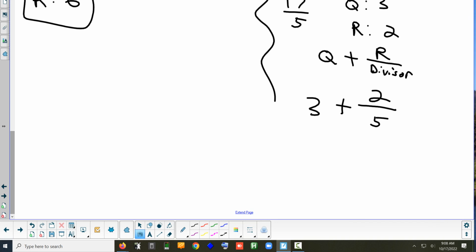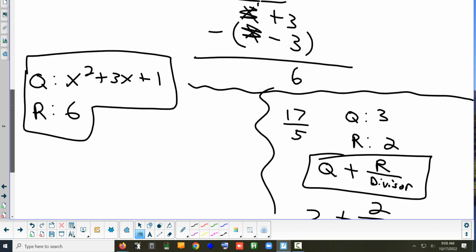So when you divide 17 by 5, the answer is 3 plus 2/5. And in math, we normally would write that as a mixed number and say 3 and 2/5. The important thing is this. You can do the exact same thing we did with numbers with letters. So in our case, our quotient, yep.